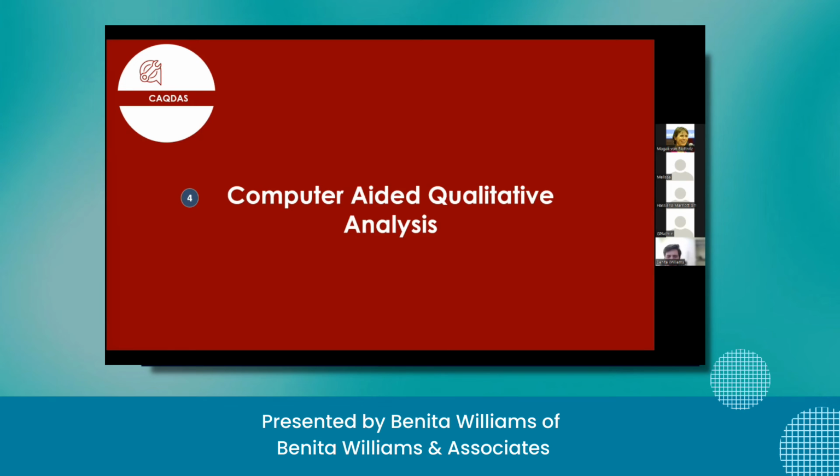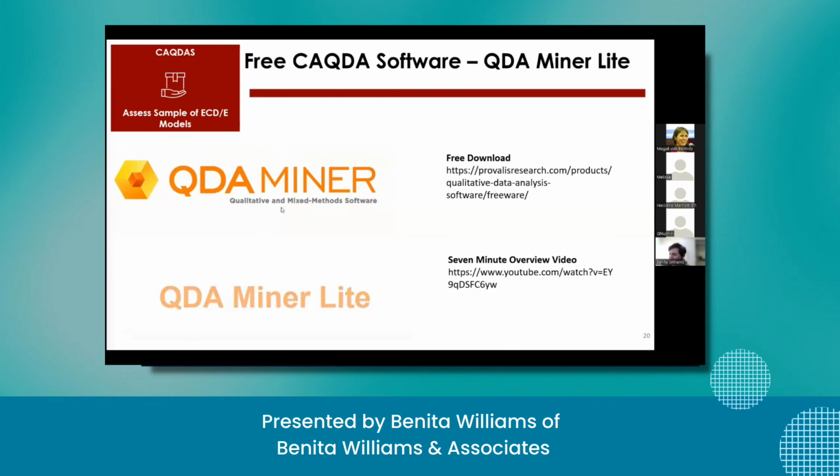Even for a consultant like myself, there are a couple of tools available. And if you're a small NGO, you might not have the budget to invest in a paid version of a qualitative data analysis software.